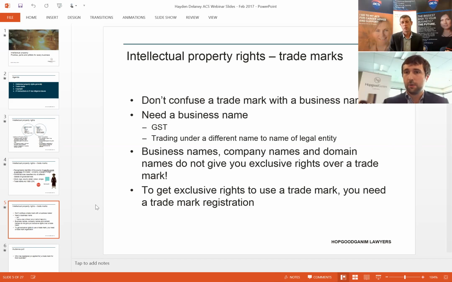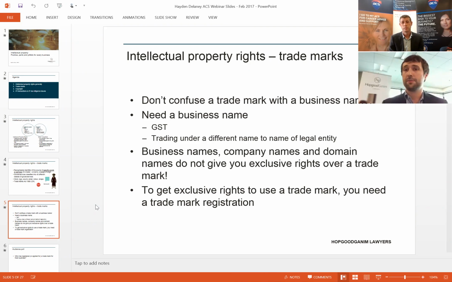So the law says, in order for the public to find out the actual legal entity that sits behind a business, you register a business name. The public can go onto the registry and search it and find out who they're actually dealing with. That's the purpose of a business name.